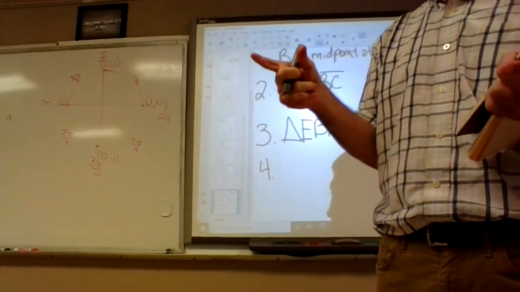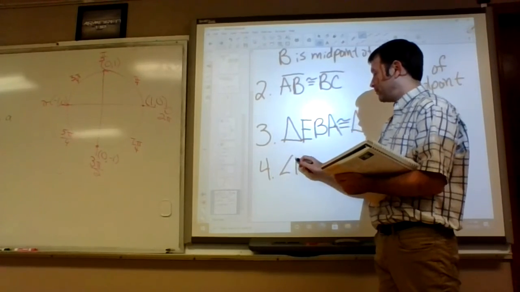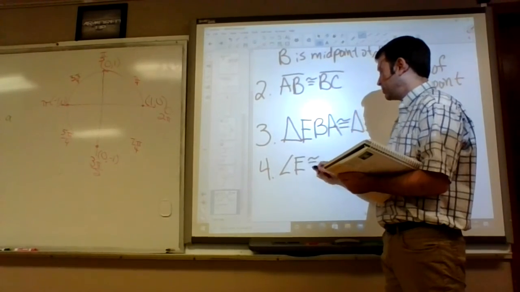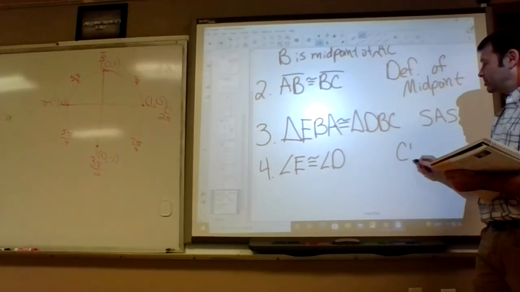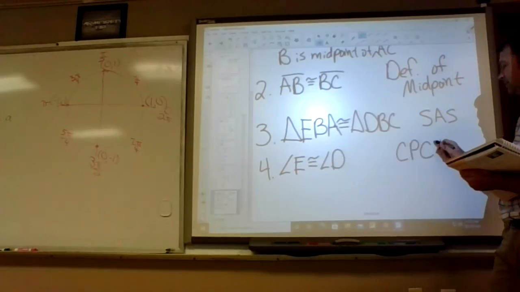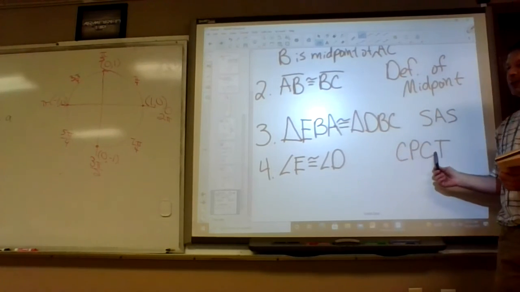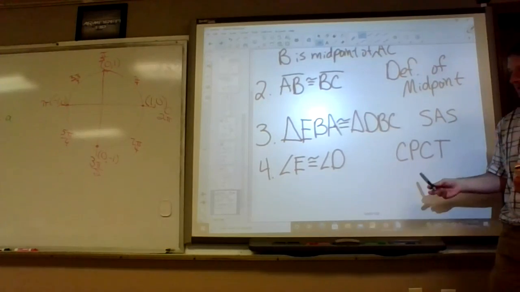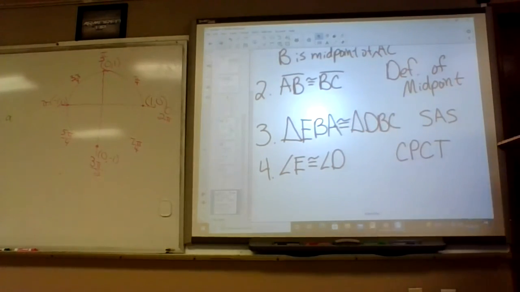It's called CPCTC, corresponding parts of congruent triangles. So I'm going to say what we're trying to prove. Angle E is congruent to angle D because they are corresponding parts of congruent triangles. If you don't remember what that means, you'll never know when to use this.